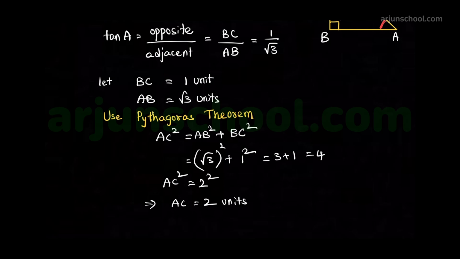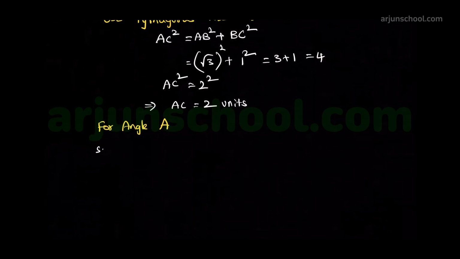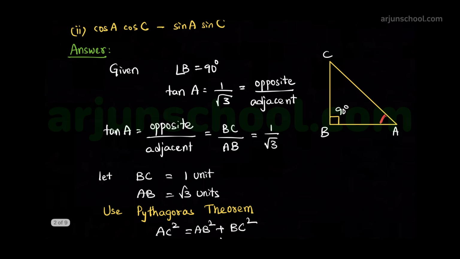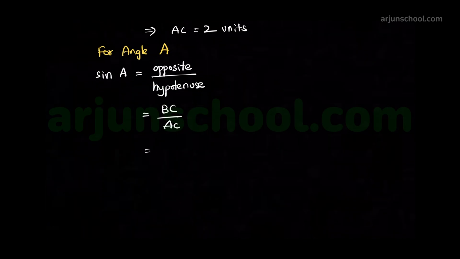Now let us write sine and cos using the side ratios. For angle A, sin A is equal to opposite side by hypotenuse. Opposite side is BC and hypotenuse is AC. BC is 1 unit and AC is 2 units.